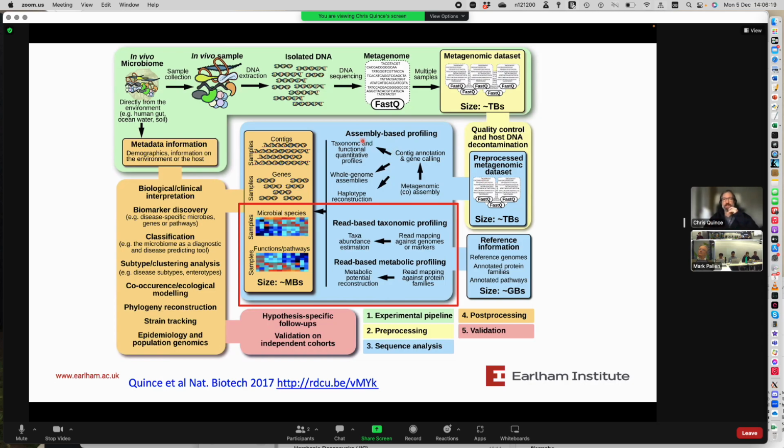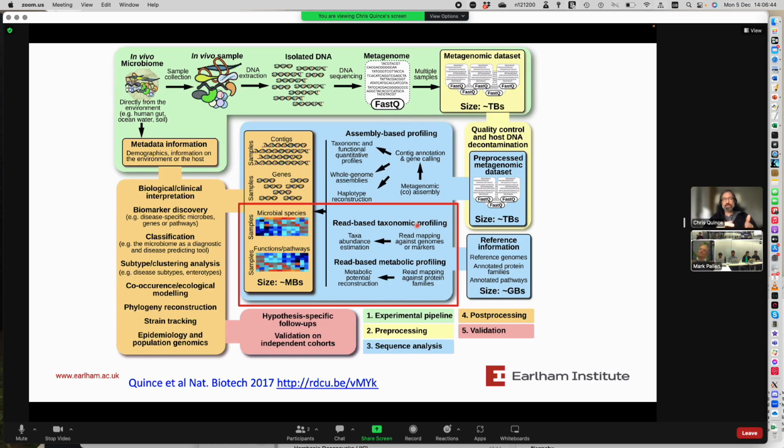One we referred to as assembly-based, and the other is read-based. In fact, when we wrote the review, I was responsible for the assembly-based part because I was in a bit of a niche in the field. Most people didn't do assembly-based analysis at that point. They did everything read-based. And Nicholas Agata wrote the read-based portion of this review.